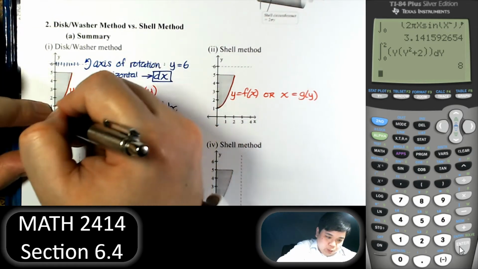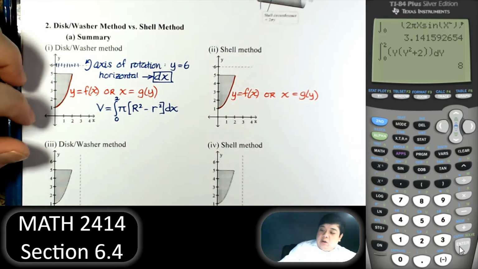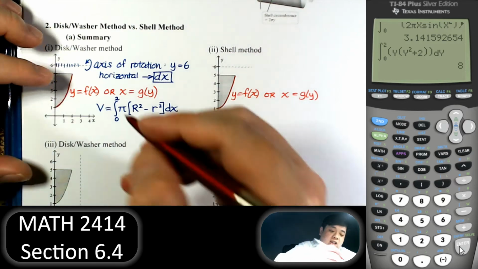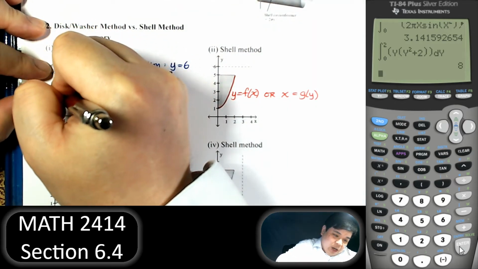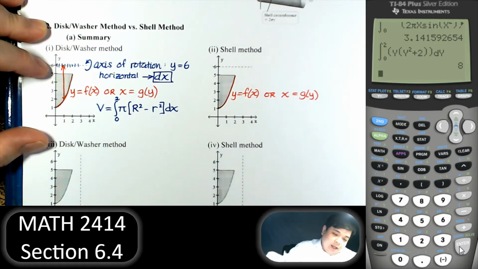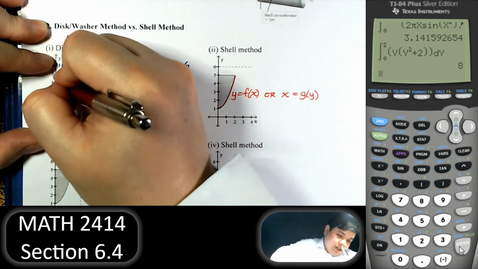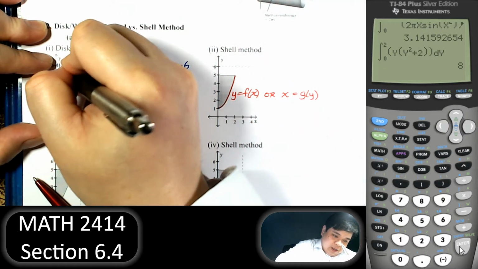Now what is the big radius? The radius is always from the axis of rotation to the edge. For the big R, it is to the outer edge, and for the little r, to the inner edge.